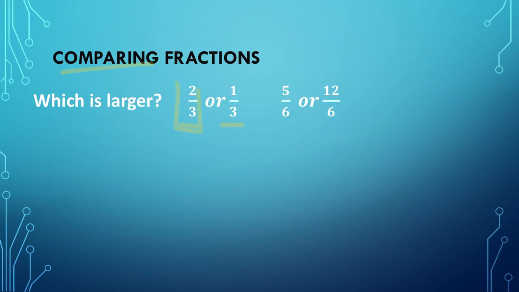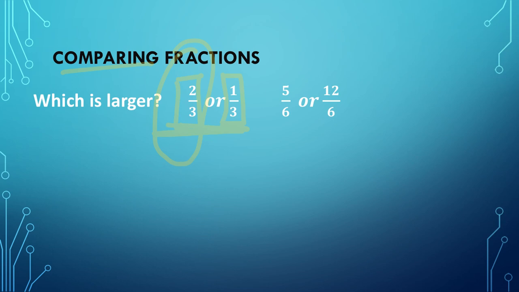So this 2/3, we've got 2 out of 3, say maybe it's 2/3 of a candy bar. You're going to eat 2 pieces of the 3. And then this one, there's only 1/3 of the piece. So which one's larger? Ding, ding, ding, 2/3. We get more out of that one, mainly because, remember, they have a common denominator. That's going to be important.